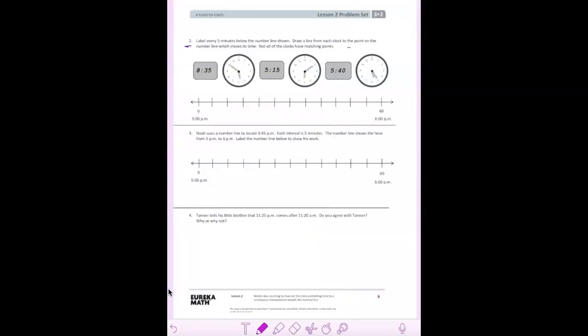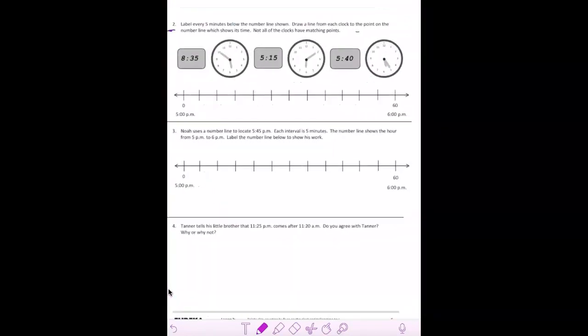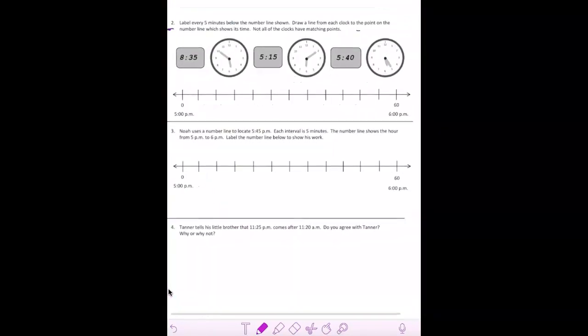Let's go to number 2 on the problem set. So the directions here say label every 5 minutes below the number line shown, just like we have been doing. And then draw a line from each clock to the point on the number line which shows its time.